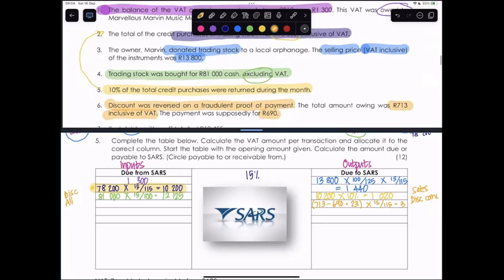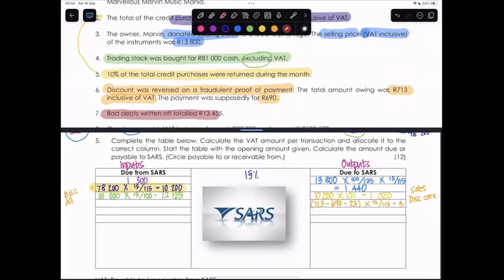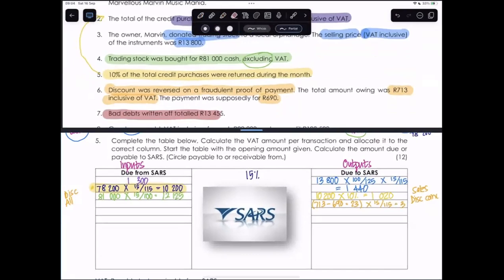SARS. Bad debts written off are going to be 13,445. Now, again, if we're talking about bad debts that are written off, the original sale would have happened in the outputs, and the bad debts would need to be claimed back.